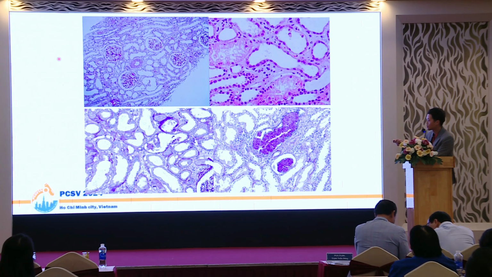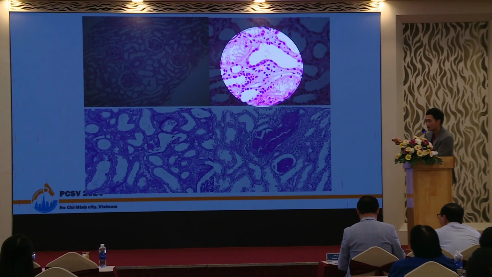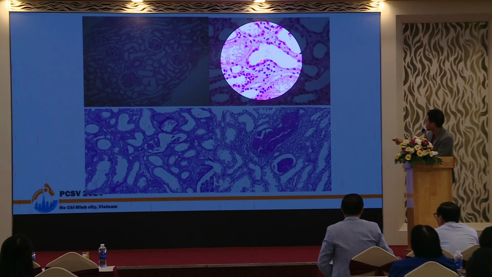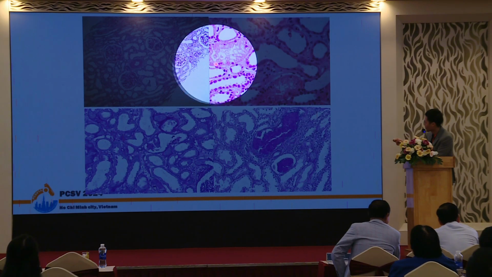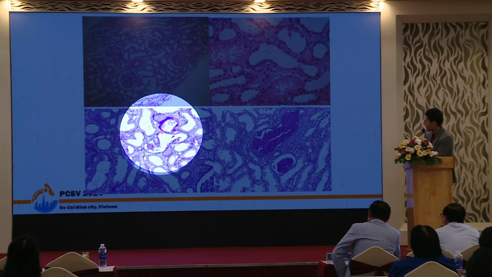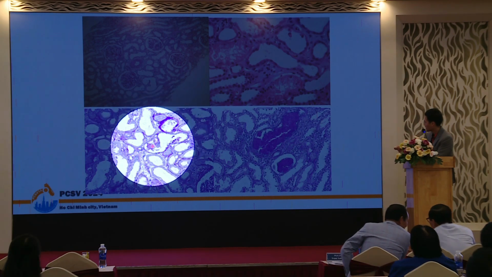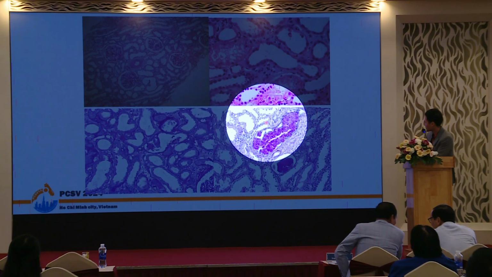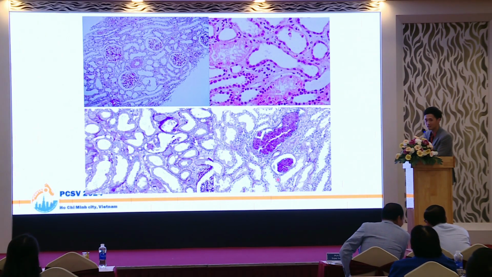When tubules are injured, they often dilate like this, and the epithelium gets flat and simplified with loss of brush border. They can also show vacuolar degeneration or bleeding. Epithelial cells can slough off, which makes proteins leak into the urinary space and tubular lumen, making tubular casts.